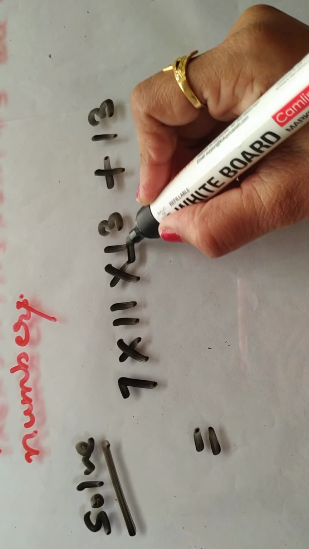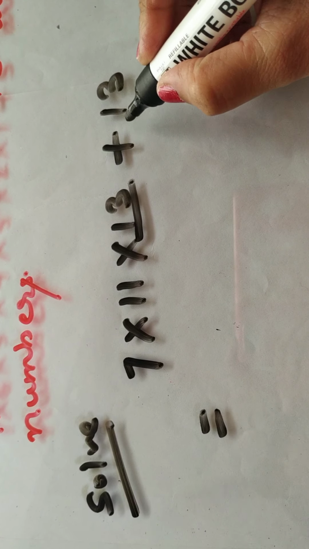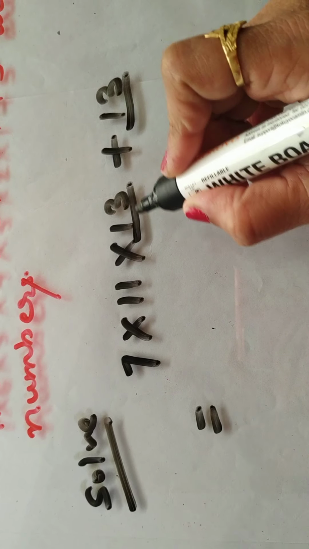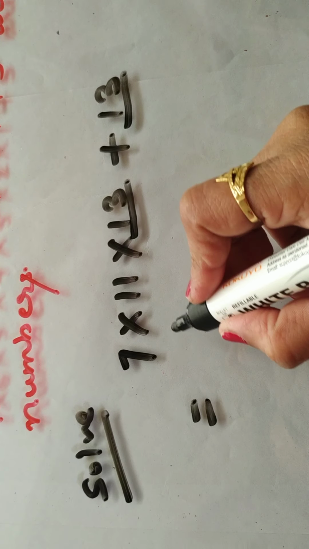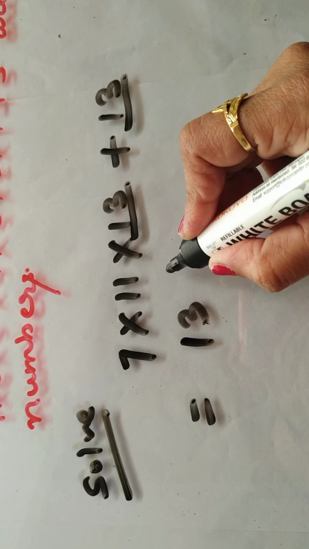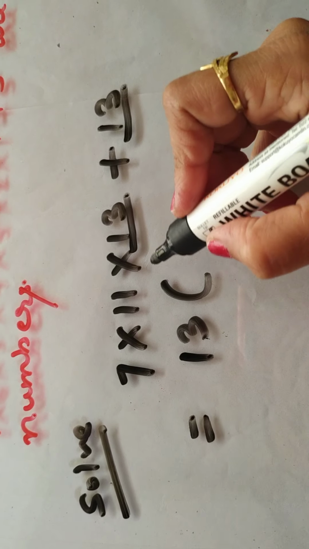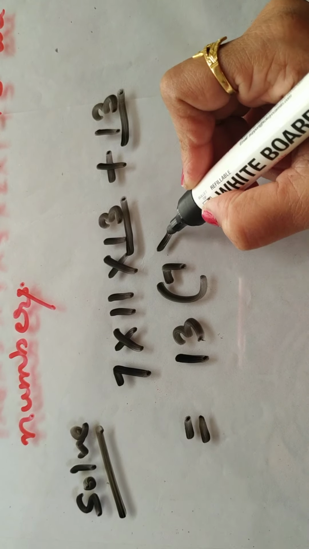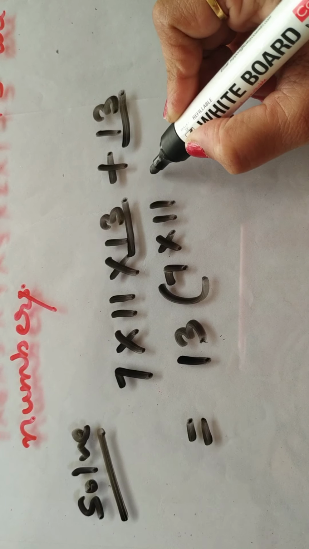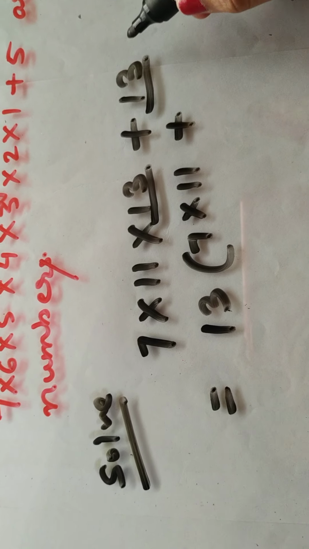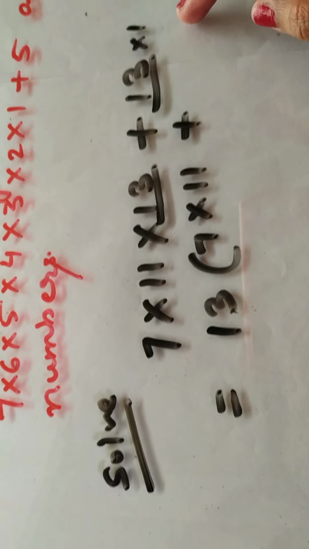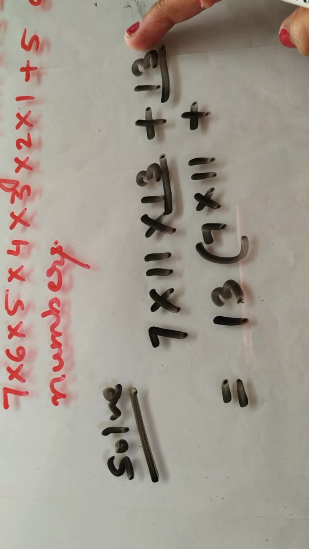Now we see that 13 and 13 are both common here. So we take 13 common outside the bracket. Now 7 into 11 plus, what is remaining here? 1 is remaining here, because 1 is the multiple of every number.